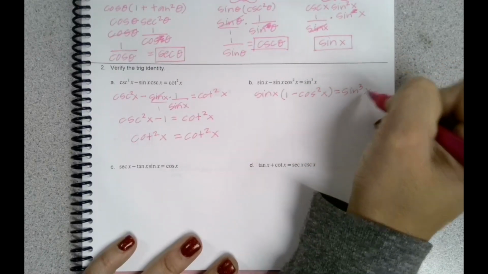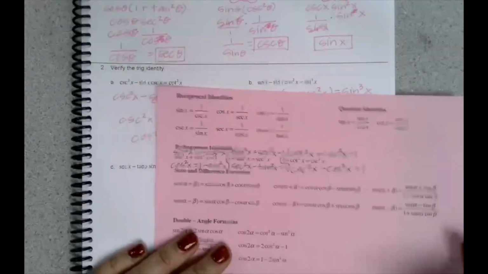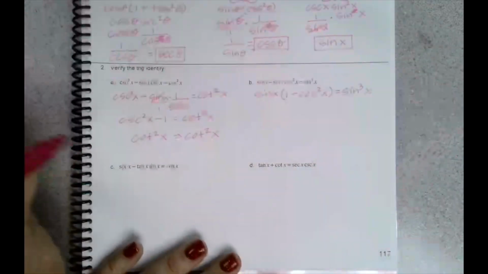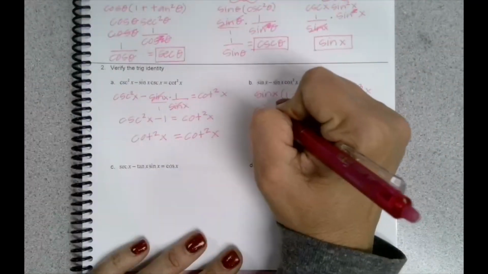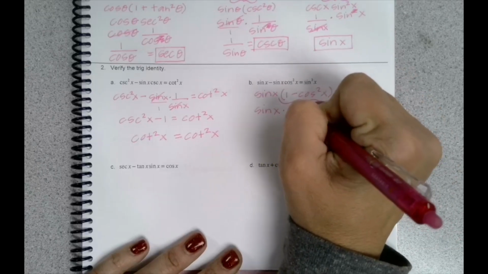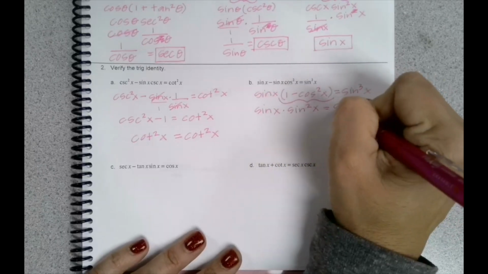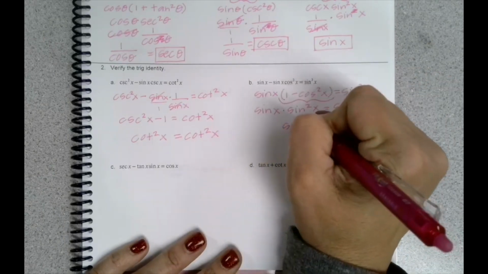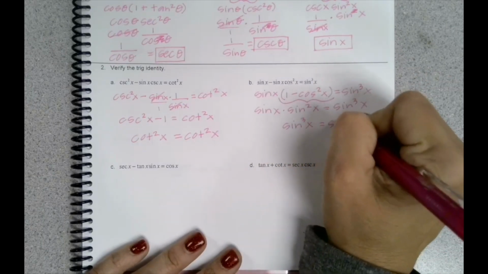So then I take a look at my identity sheet, and another way to write 1 minus cosine squared x is sine squared x. So here's the one in front, and then I'm changing this to sine squared x equals sine cubed x. So then I have 3 of them. So sine cubed x equals sine cubed x.